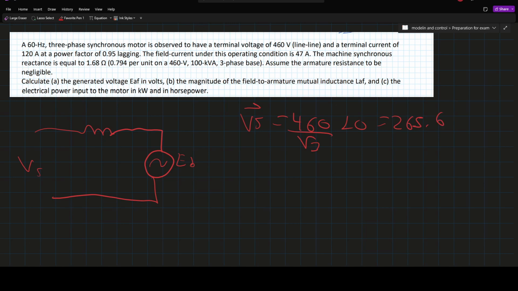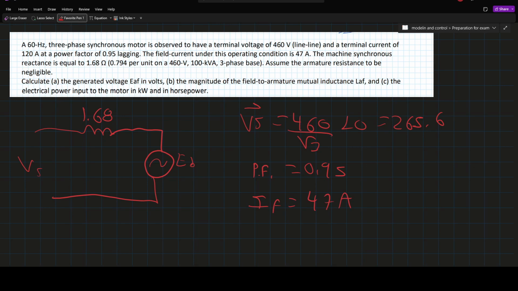Okay, it's telling us that our synchronous reactance is 1.68 ohms, we have a power factor lagging of 0.95, and this motor is operating with a field current IF of 47 amps.